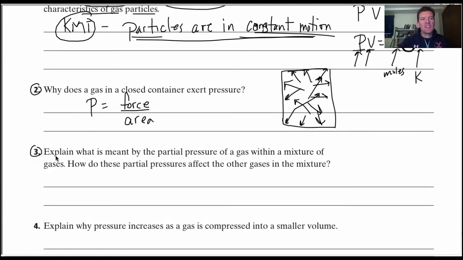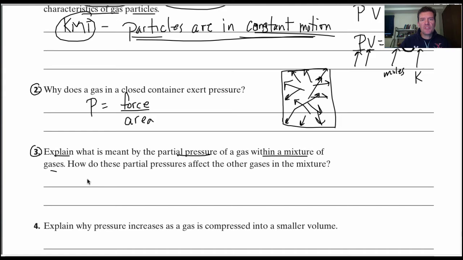Number 3, explain what is meant by the partial pressure of a gas within a mixture of gases. How do these partial pressures affect the other gases in the mixture? Okay, partial pressure basically is the pressure of an individual gas, the pressure that its particles are exerting. Okay? But there may be multiple gases in a container, in a mixture, like our atmosphere is made up of different gases.